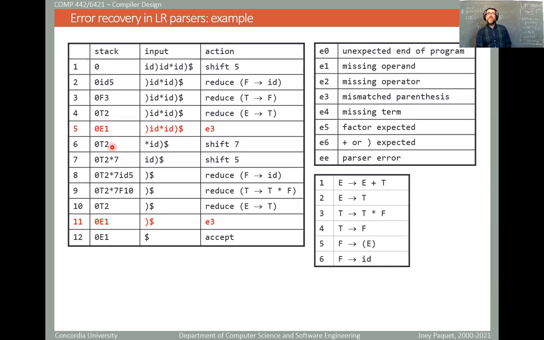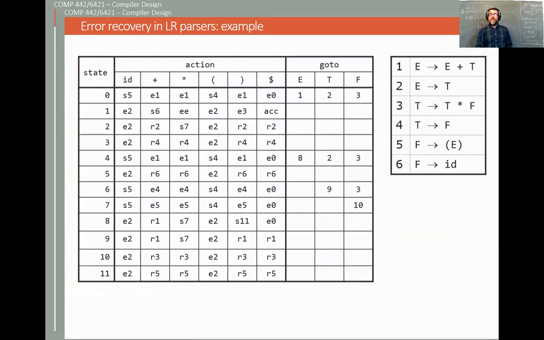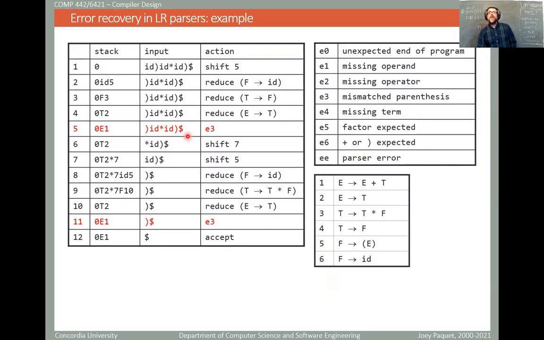Of course, I go to state number 2 and star, and then I find quite magically that this is shift 7, which I just identified when I determined where I would synchronize to. So shift 7, I push the star here and I push 7, and then 7 ID, shift 5.